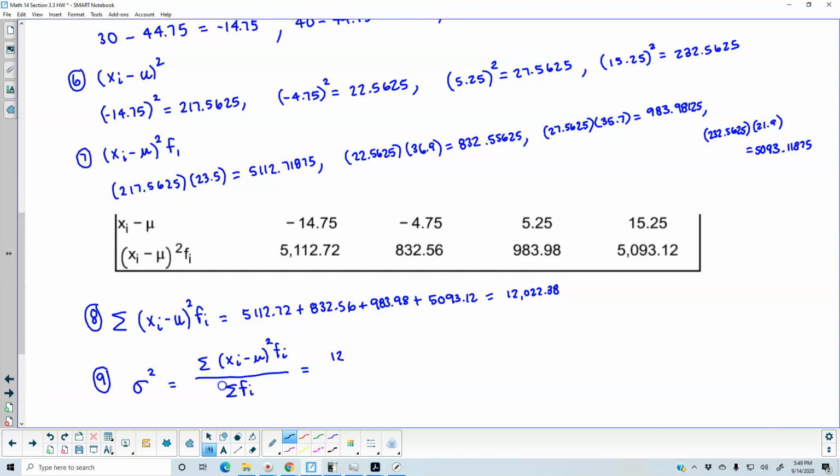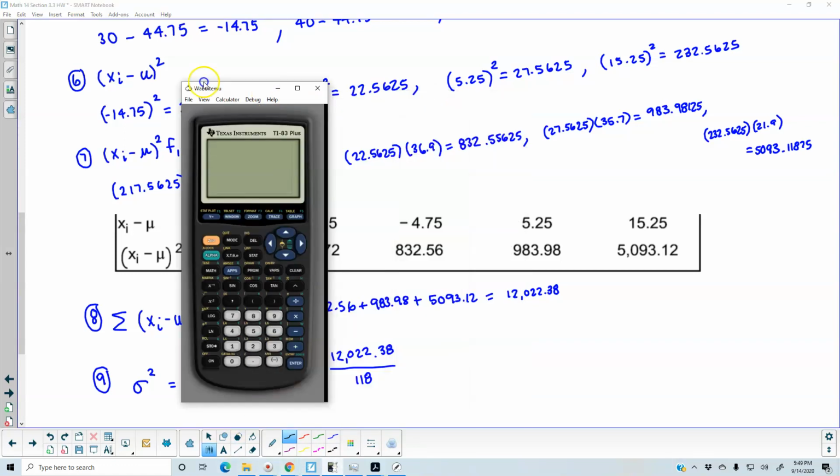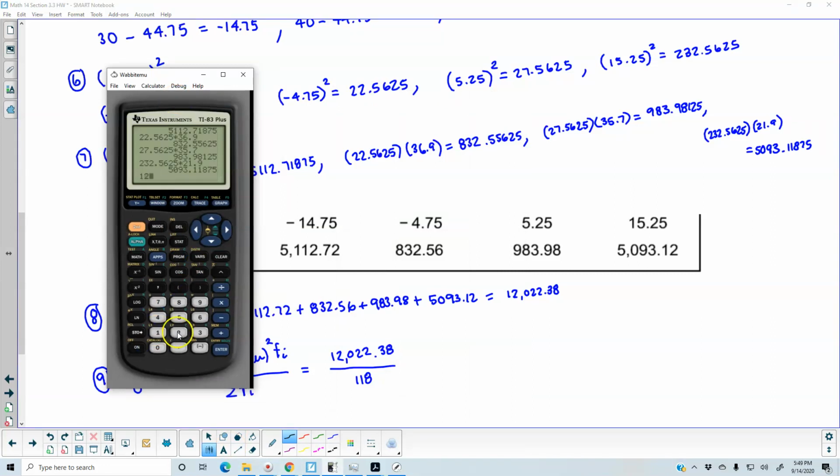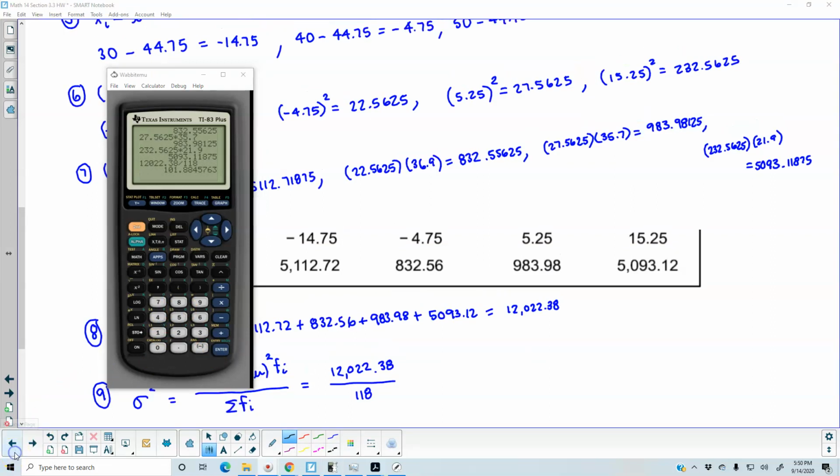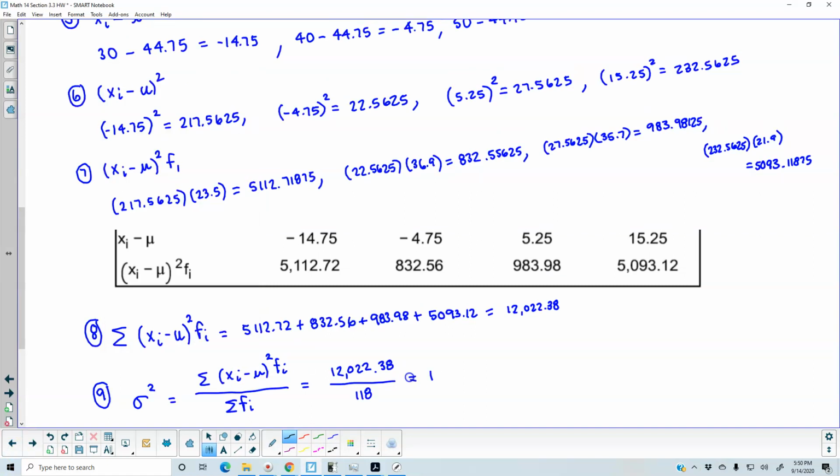So we have 12,022.38, and we're dividing that by 118. So we take 12,022.38 and divide that by 118. Rounding that to 2 decimal places, we have 101.88.